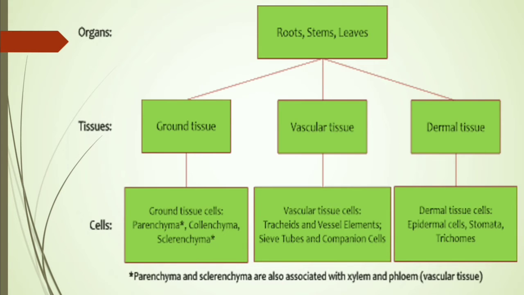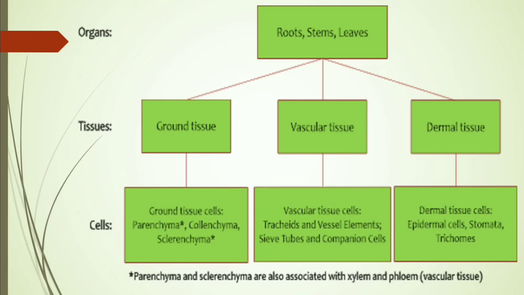So in a plant, the organization is into organs, tissues and cells. So organs of the plant are root, stem and leaves. And these roots, stems and leaves are composed of three types of tissue: ground tissue, vascular tissue and dermal tissue.